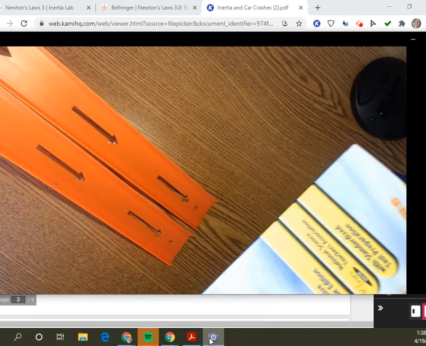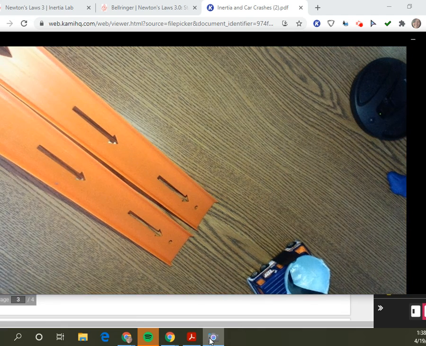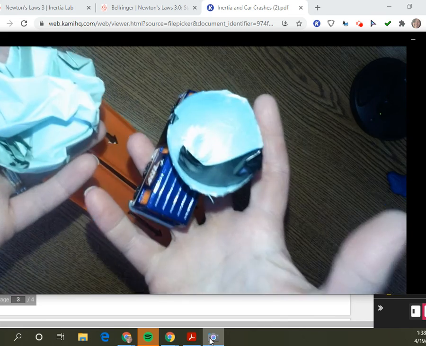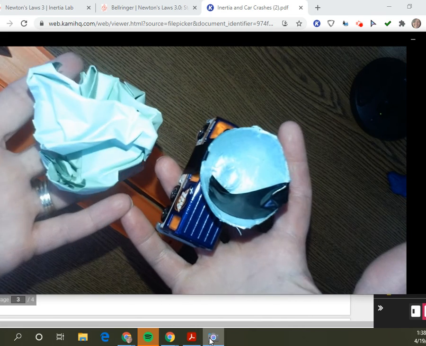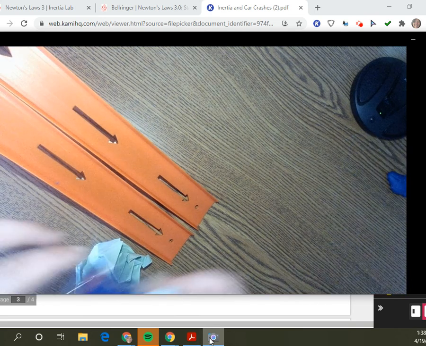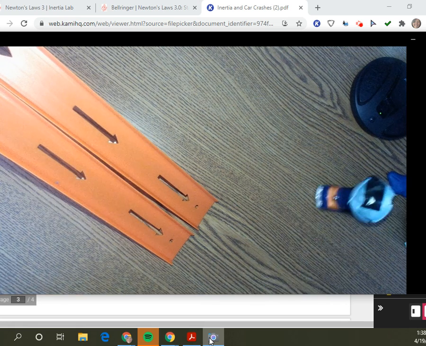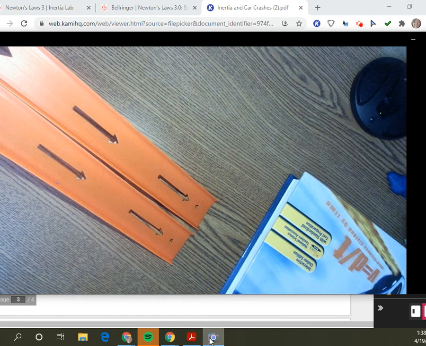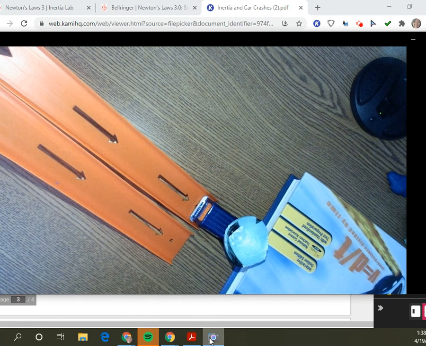If we hold these two, the car actually has a greater mass than the paper wad. So the car, with its mass and its acceleration, its momentum, is going to push the paper wad away. But with the book, much greater mass, it can't push the book away. So this greater mass of the book is an important part of this.